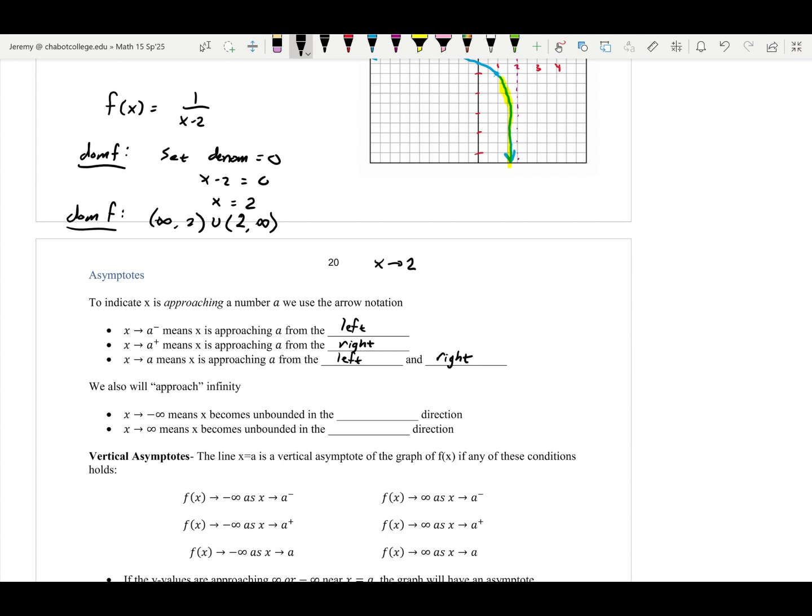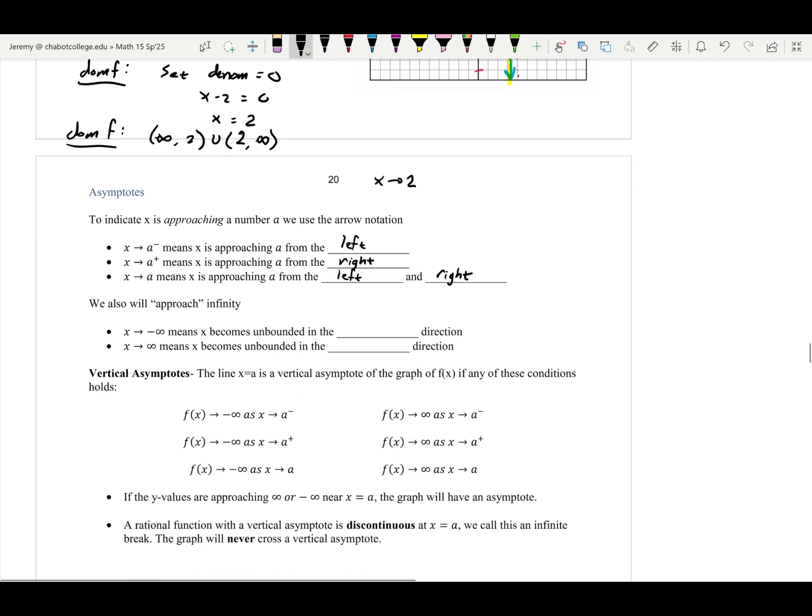Okay, so from 2 sides. All right, and then x approaches negative infinity means x becomes unbounded in the negative direction. And x approaches positive infinity means x becomes unbounded in the positive direction.